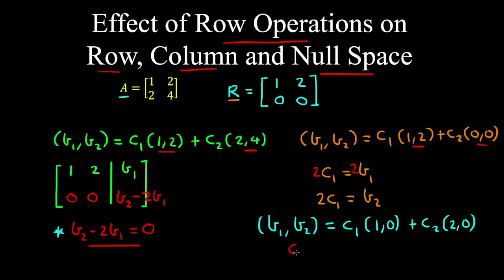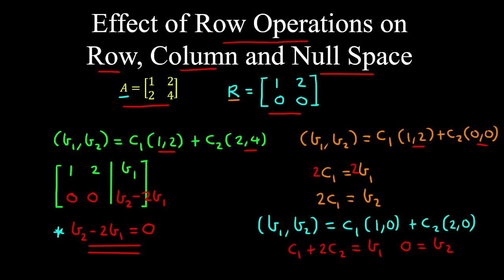So in this case, we have C1 plus 2C2 is equal to B1, and 0 is equal to B2. So you can see that from this condition, to check for consistency, B2 minus 2B1 is clearly not equal to 0. So therefore the reduced matrix and the matrix A do not have the same column space.